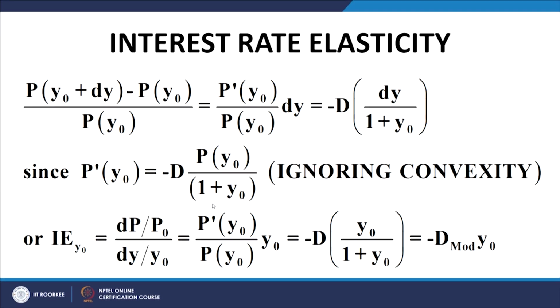So, let me repeat, it is the percentage change in price divided by the percentage change in YTM on the basis of the original YTM, dy upon y. Dy divided by y0, which is the initial YTM, is the percentage change in YTM. So, this is the interest rate elasticity.